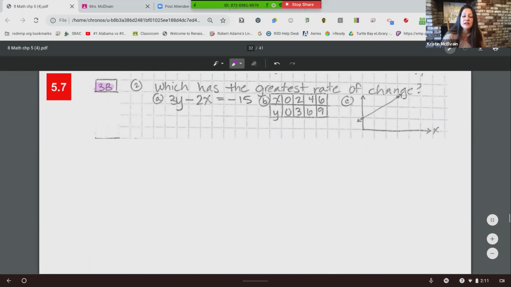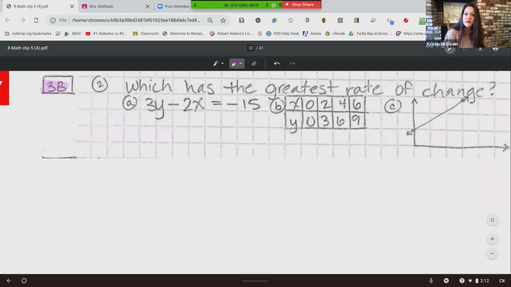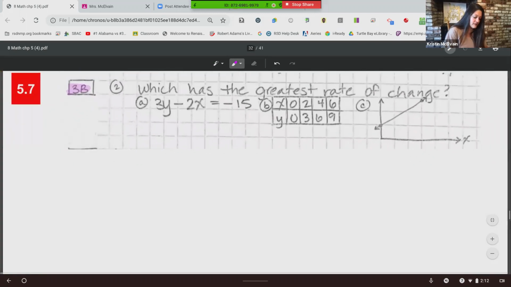All right, so number 2 says, which has the greatest rate of change? So what we're doing is finding which one has the steepest slope, so the largest slope. For A, let's see if I can enlarge A. We're going to put this into slope-intercept form, y equals mx plus b, and we'll be able to get our slope easily from that.